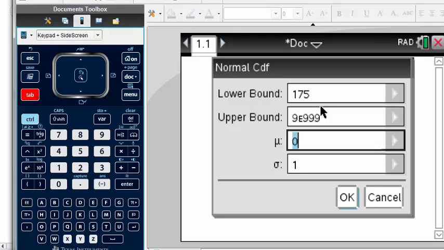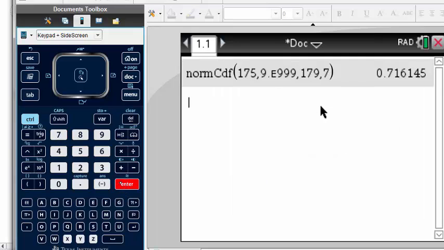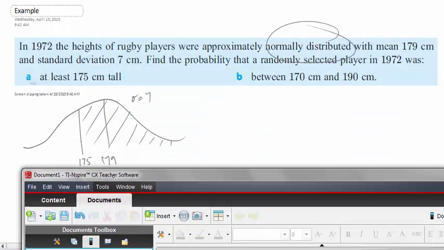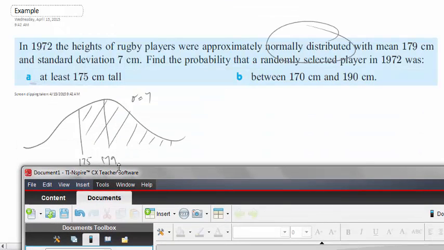Now, mean, I know that the mean is 179, and I know that the standard deviation is 7. I press enter, and I find that 71.6% of all rugby players would be at least 175 centimeters tall.